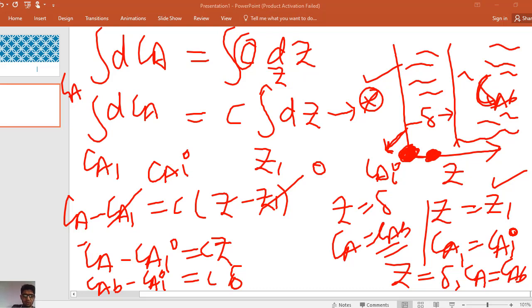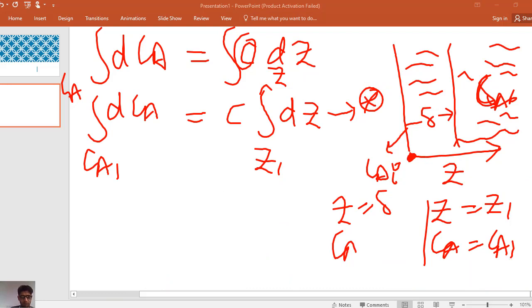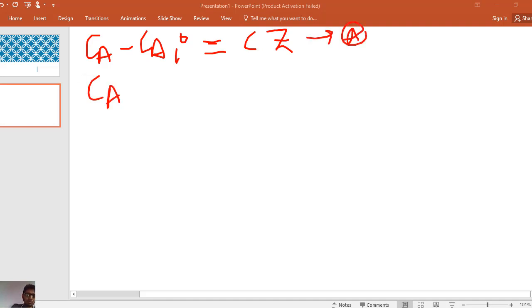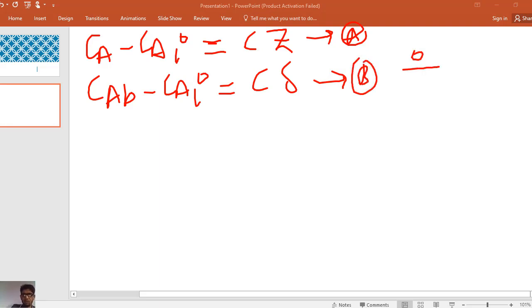So we have two equations, equation A and equation B. From equation A and B: CA minus CAI is equal to C into Z, this was equation A. Equation B is CAB minus CAI equal to C into sigma.